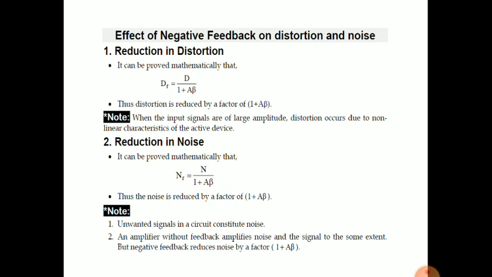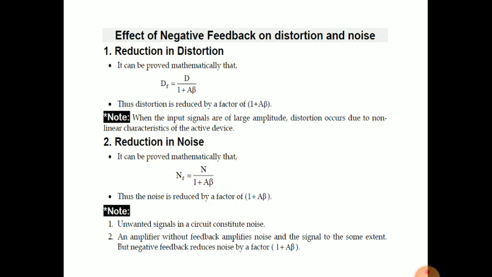Reduction in distortion. With negative feedback, the distortion will be reduced. It can be proved mathematically that Df, distortion with feedback, is equal to D by 1 plus A beta, where D is the distortion without feedback and 1 plus A beta is the general factor.